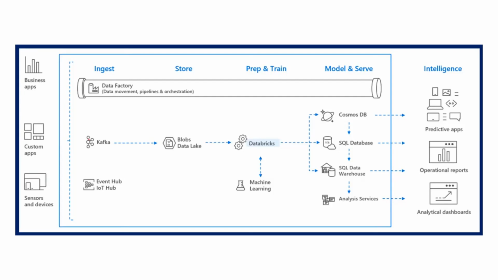Let's say you're talking about IoT devices, where you have thermometers measuring the temperature and sending you the temperature of your warehouse. So you'll have data coming in from various sources.